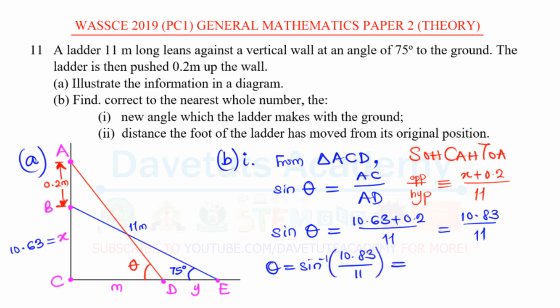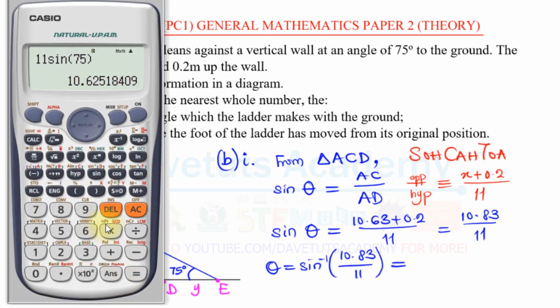If I take out my calculator to get that, 10.625 plus 0.2, so that is 10.825. That answer divided by 11 is equal to what? 0.9841.